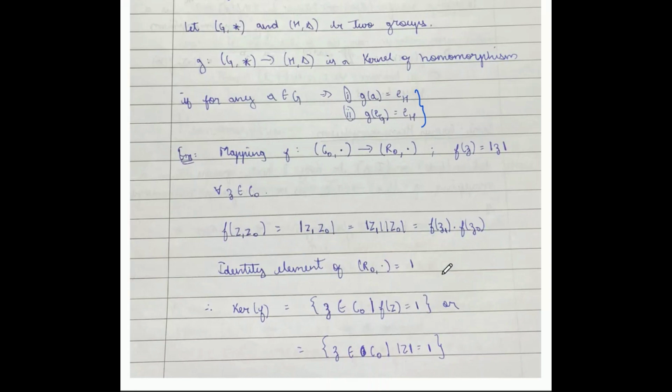The complex number could have only 1 in its real part, or it could have 1 in its imaginary part, or any possible combination such that the mod of the complex number gives us 1. So all those z whose mod gives us 1 belong to the kernel of f.